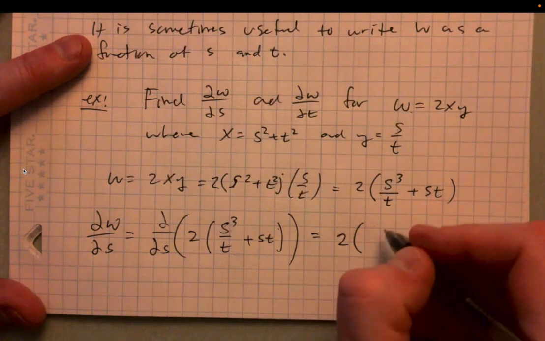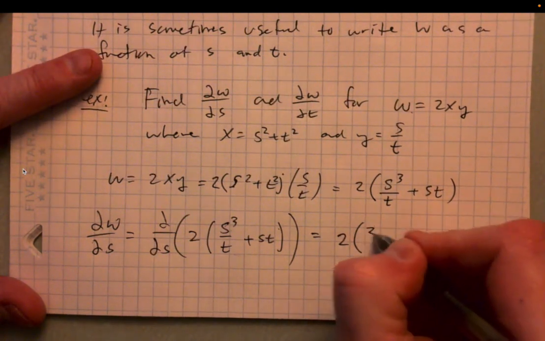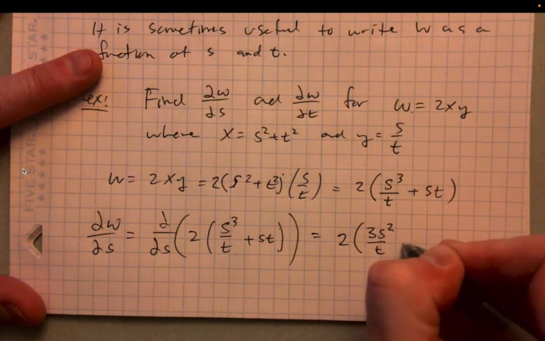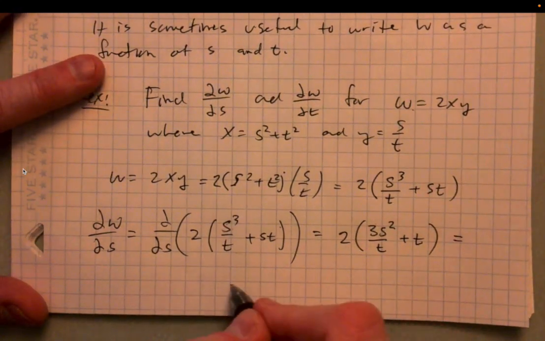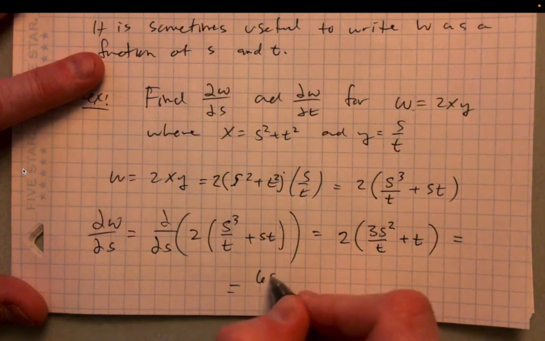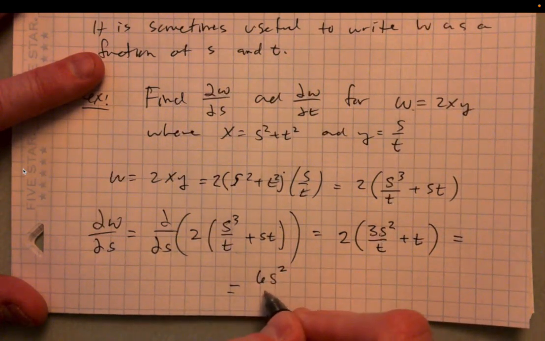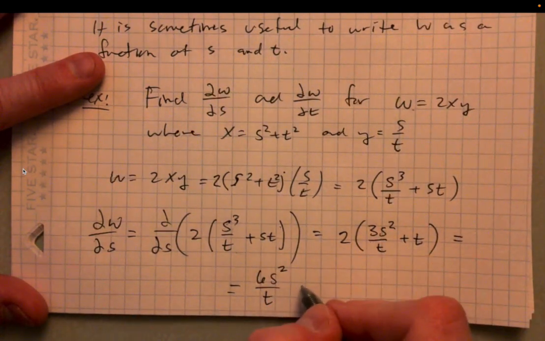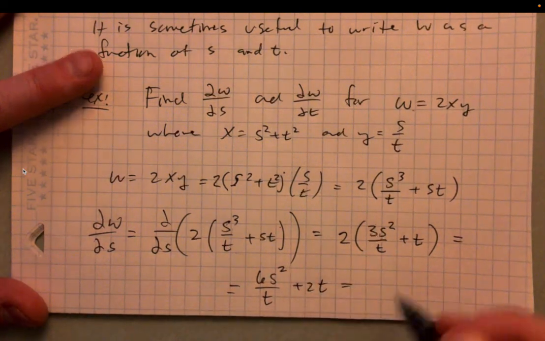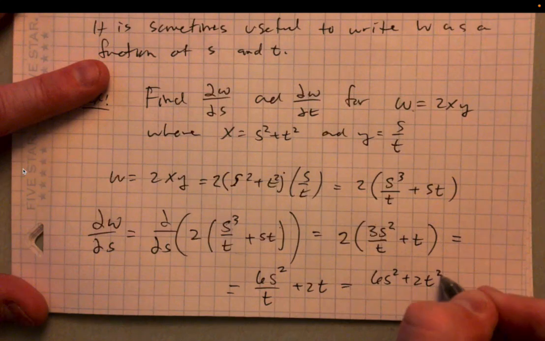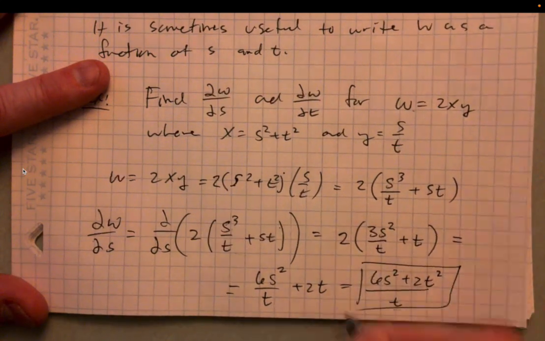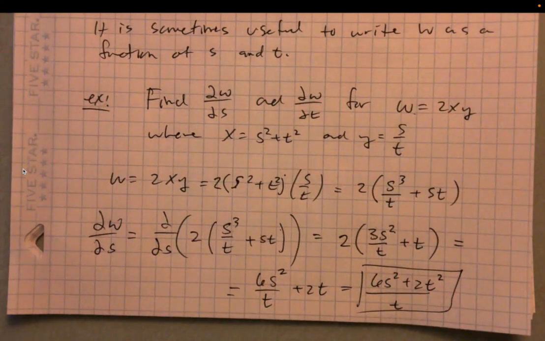You could just write this as 3s squared over t plus t, and so you would get 6s squared over t plus 2t, and maybe you combine the denominator, so 6s squared plus 2t squared over t. So that would be good. That's your partial with respect to s.